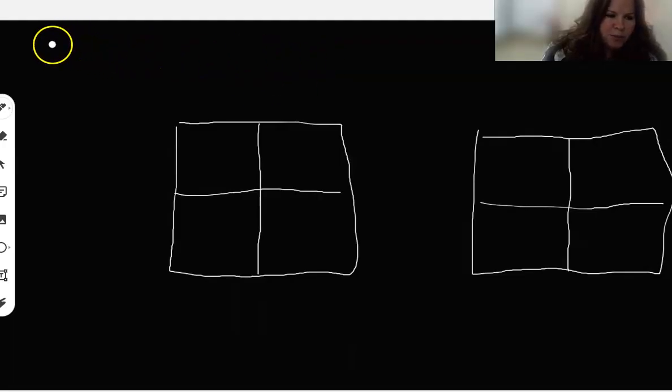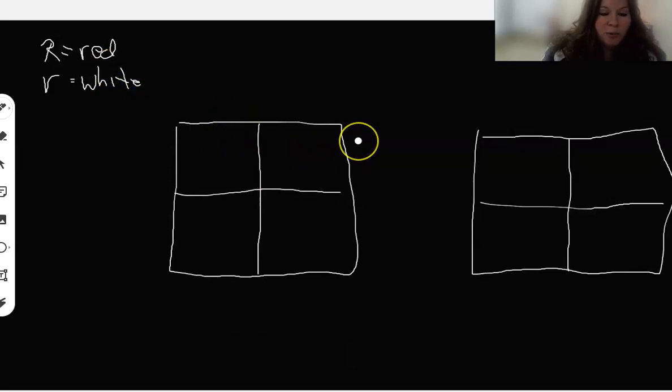And if we were doing this problem normally, I would use a capital R for red, and I would use a lowercase r for white. Red eyes dominant over white. It said we were mating homozygous red-eyed females, so I would use capital R, with white-eyed males.